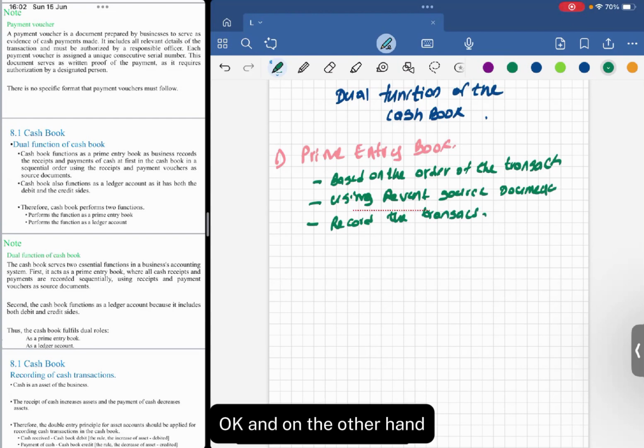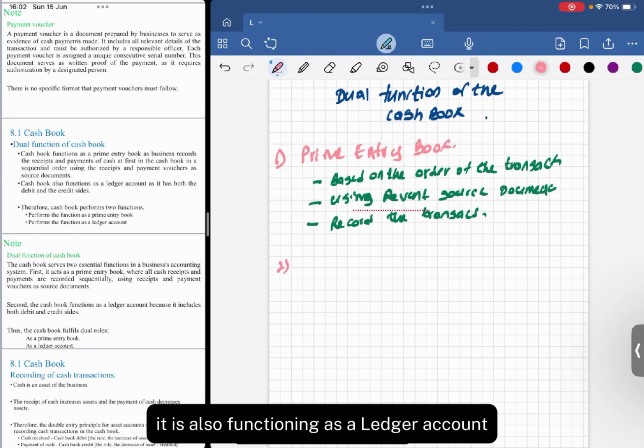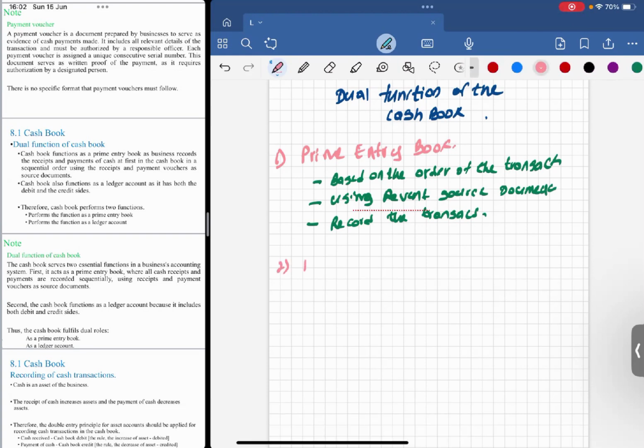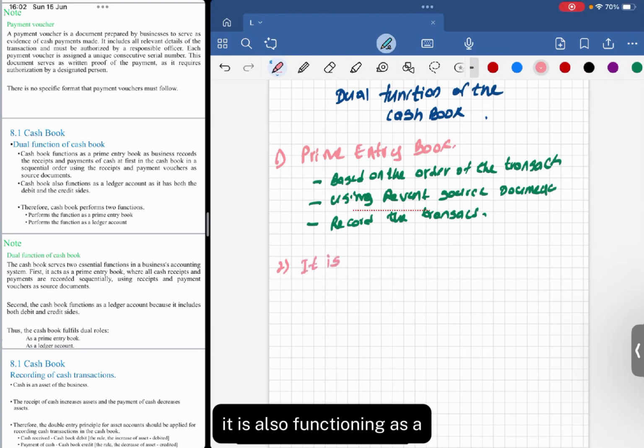On the other hand, it doesn't end there. It is also functioning as a ledger account.